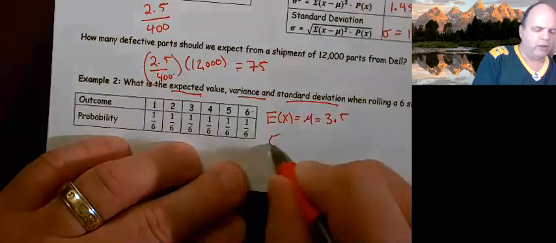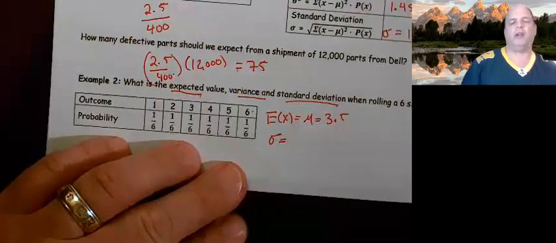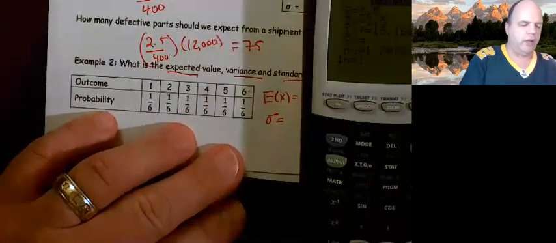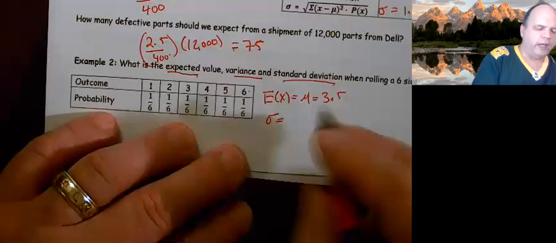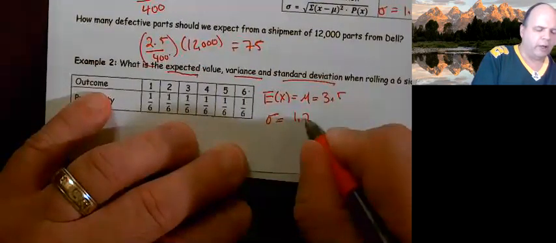My standard deviation, please note, this is the standard deviation symbol. My standard deviation is 1.7078. If you take it out to 4 decimal places, that would be great.